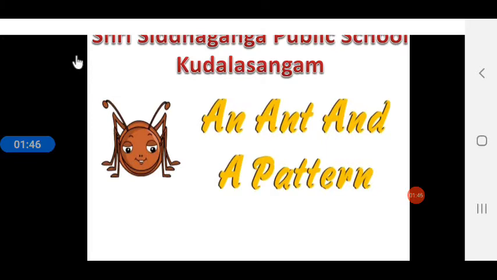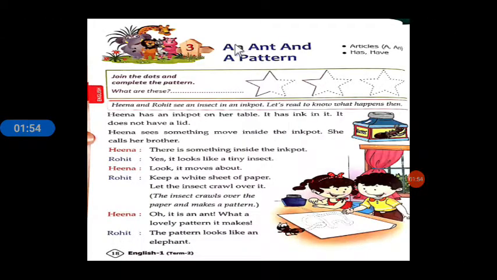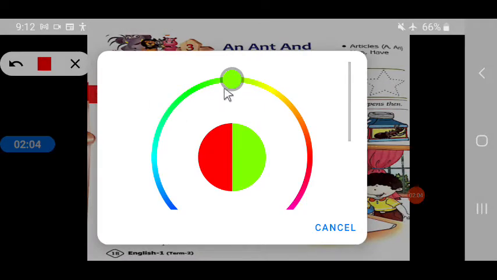Now let us go to the next page, page number 18. So students, all of you open page number 18 and also get ready with the pencil. Let me select another color here.